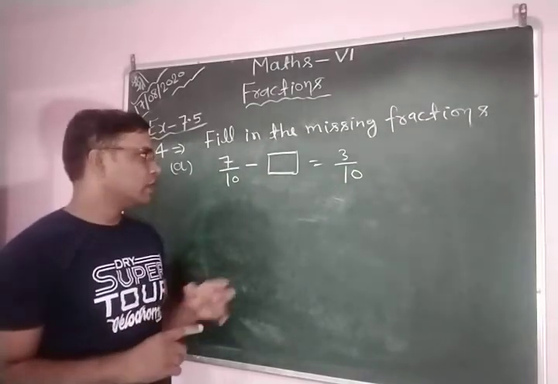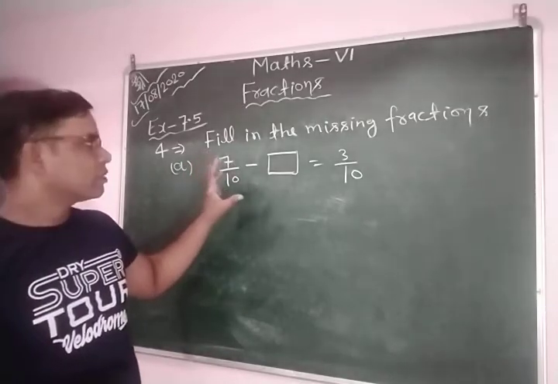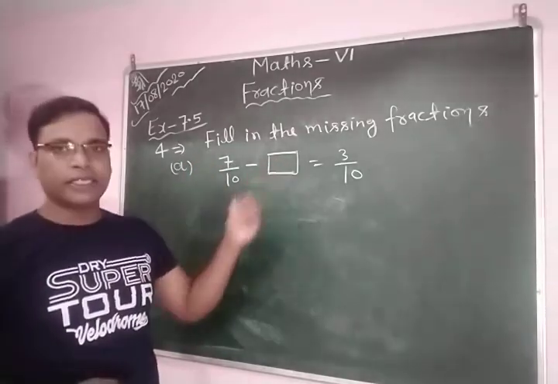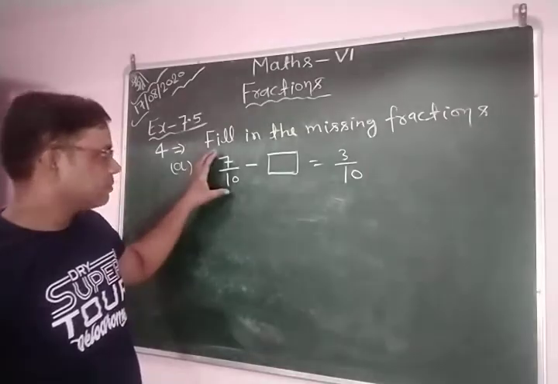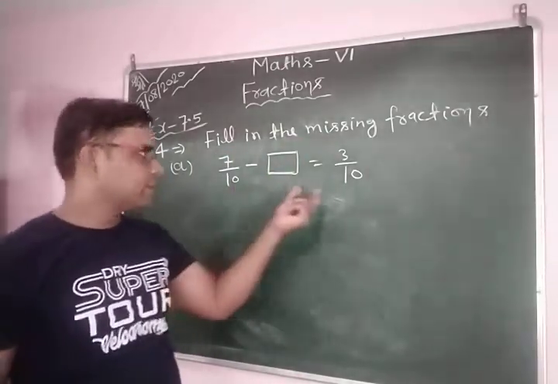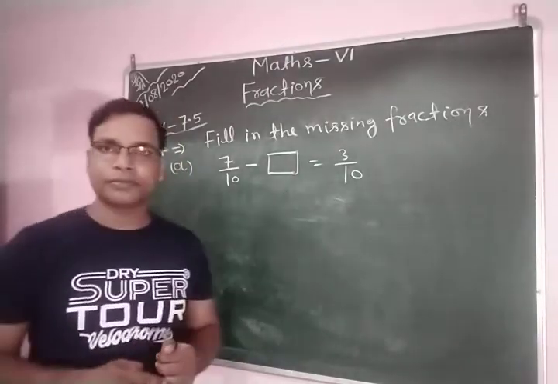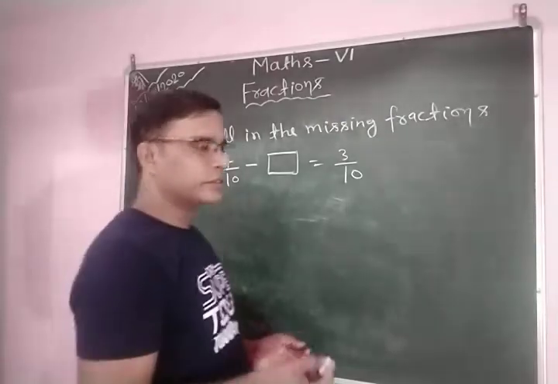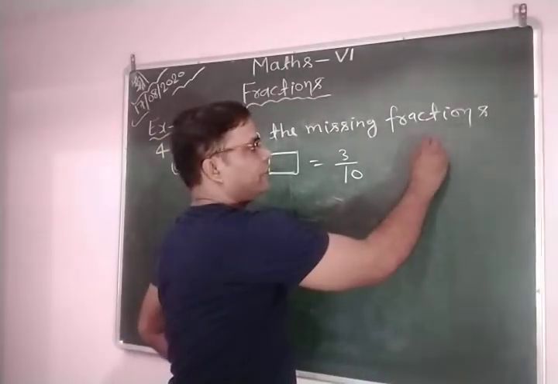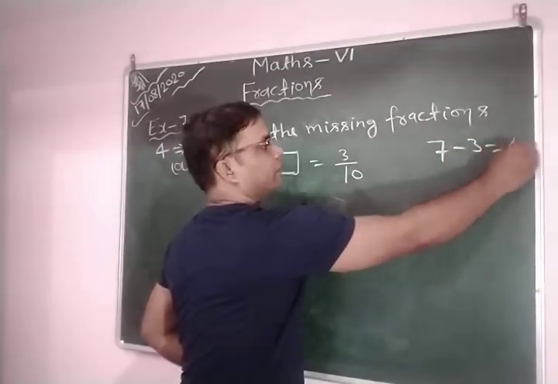So what do I have to do? How do you find the missing fraction here? This is 7 by 10 and this is 3 by 10. The denominators are the same. So which number do we subtract from 7 to get 3? We subtract 3 from 7, then we have 4.